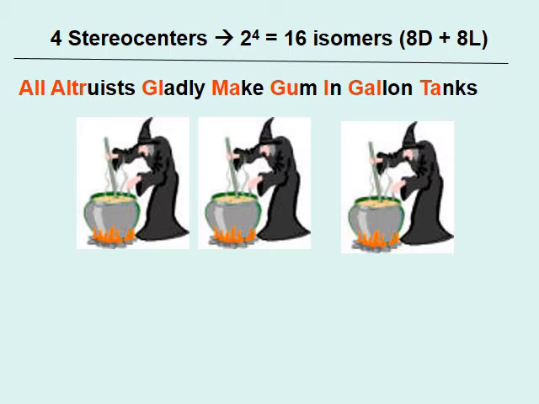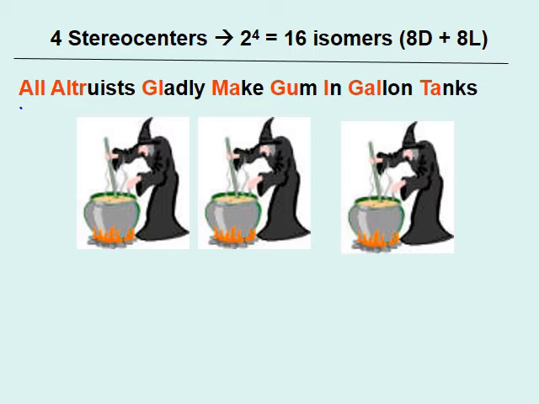Here I'm going to remind you how we come up with all those names without really putting too much effort into memorization. All altruists gladly make gum in gallon tanks. My professor taught me this way, and I still remember that, so I think it was very helpful.